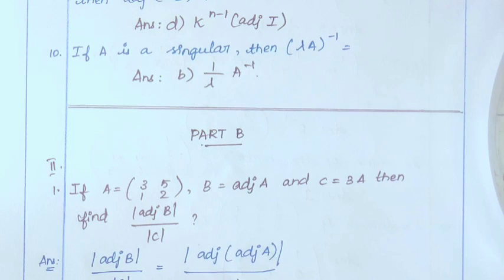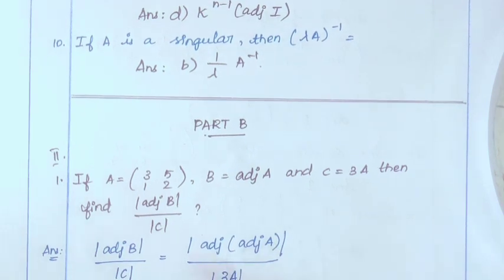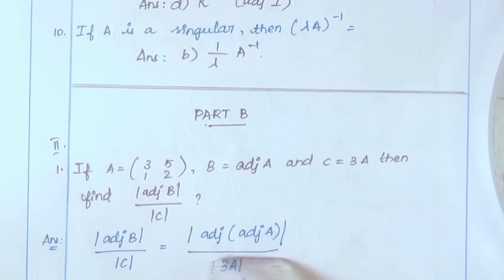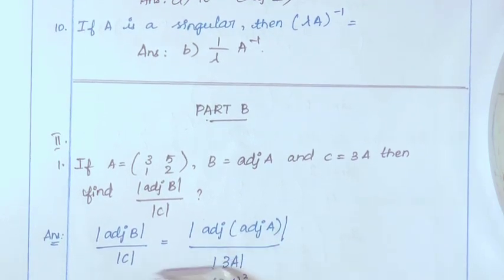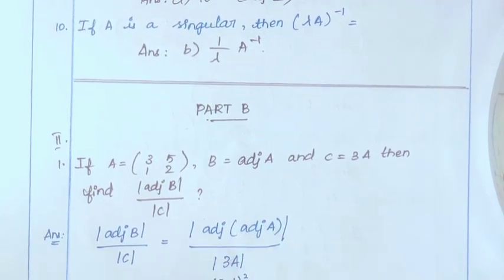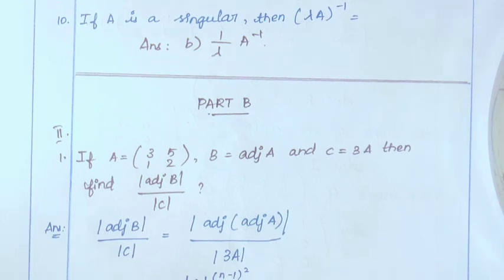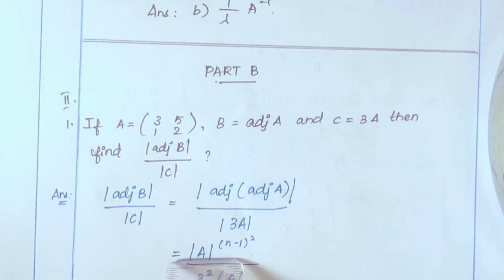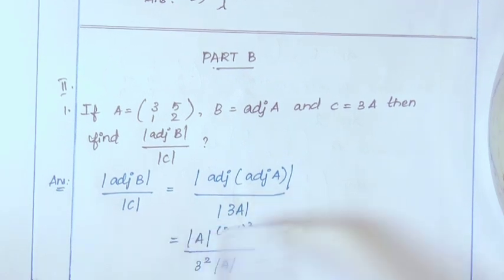So, |adjoint B| / |C|, the formula for that is |adjoint of adjoint A| / |3A|. That is |A|^((n-1)^2) / (3^2 |A|).